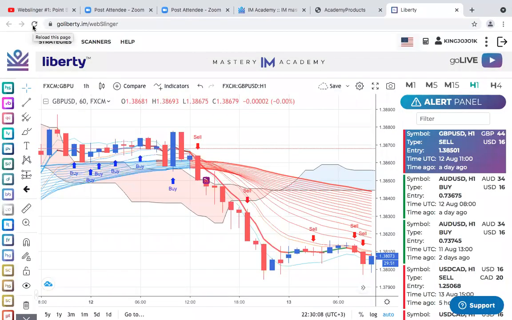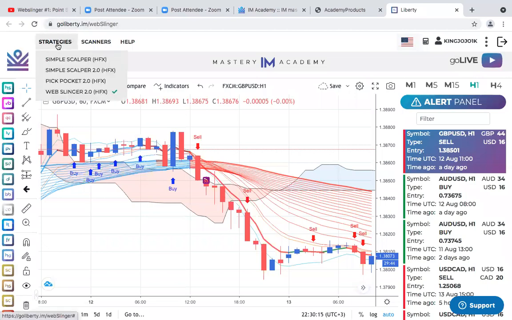Cool. The first scanner that will pop up is Webslinger. Literally, it's simple. And I'm not going to lie, with Liberty you have access to a lot of other scanners as well. You have Simple Scalper, Simple Scalper 2.0, Pickpocket 2.0, and Webslinger 2.0.